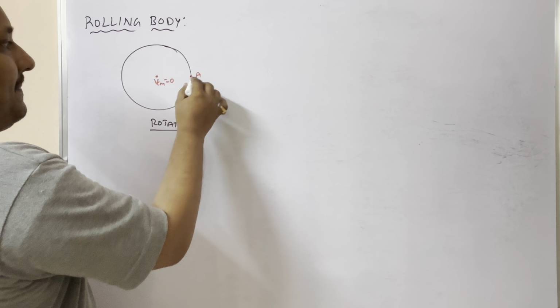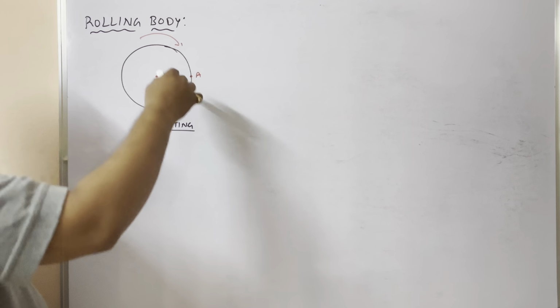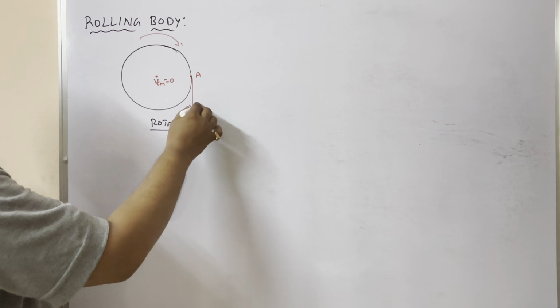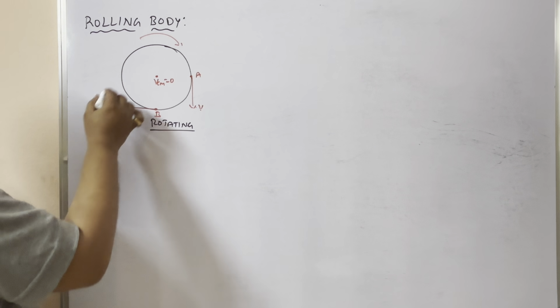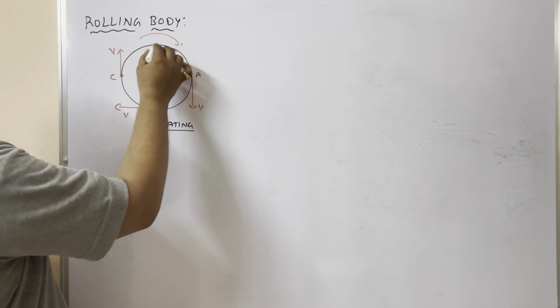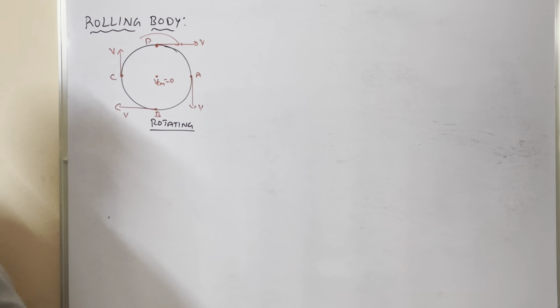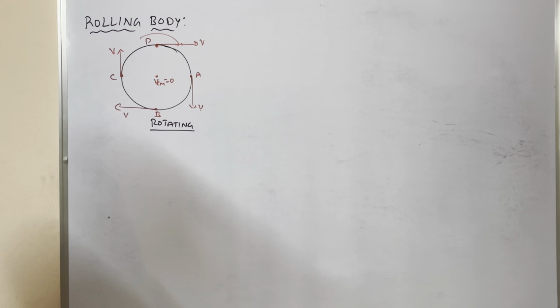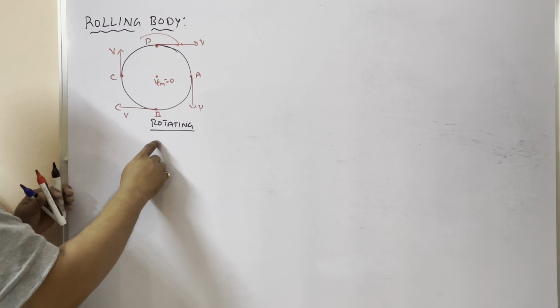So at A, if it is rotating clockwise, the velocity is going to be B. At B, this is going to be B. At C, this is going to be B. At D, this is going to be B. But velocity of center of mass is going to become 0 because it is only rotating here.